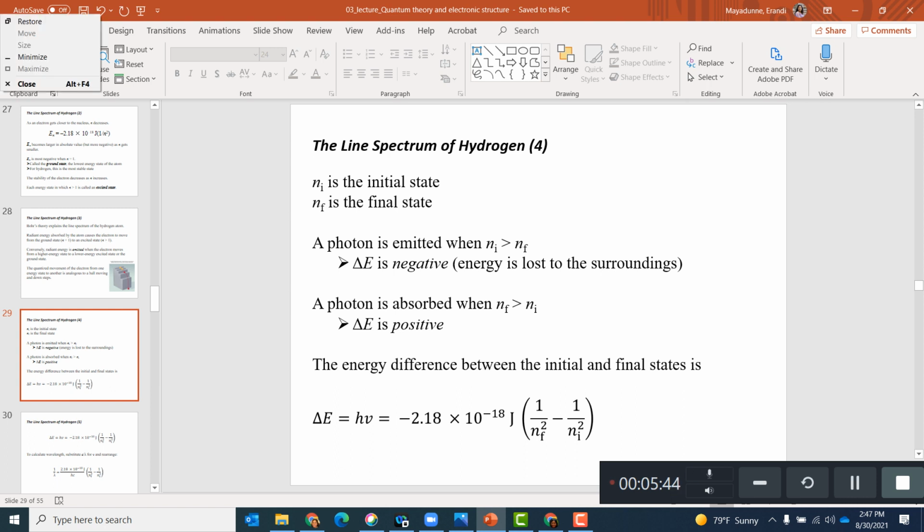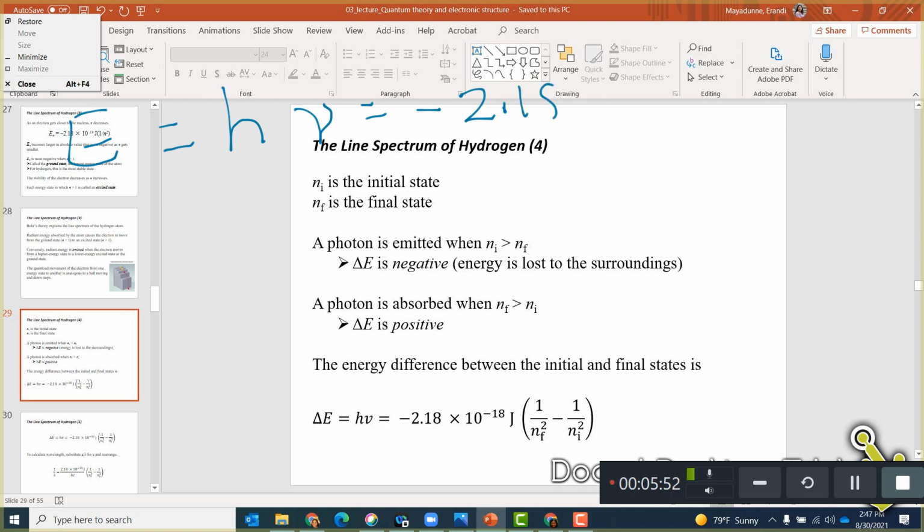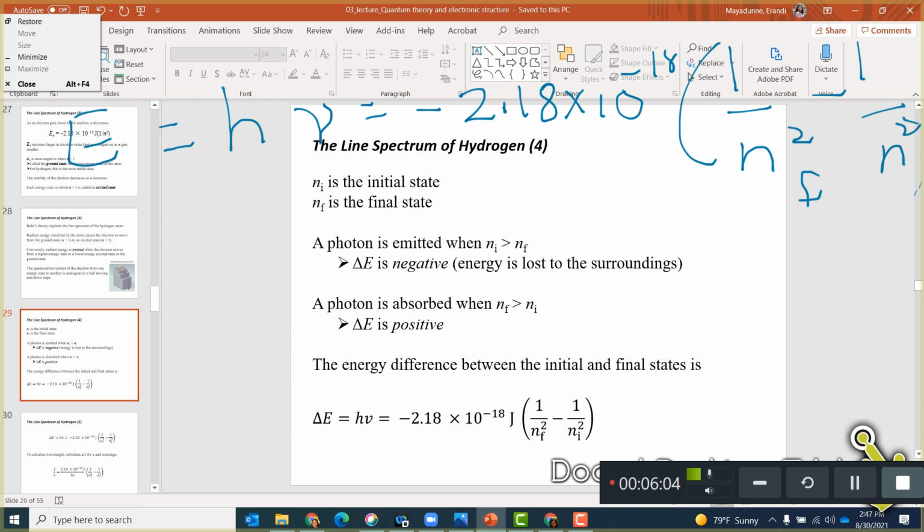E equals h nu equals negative 2.18 times 10 to the power negative 18, times (1 over n final squared minus 1 over n initial squared). Here, if it is absorption, meaning you absorb energy, final always goes to the bigger number.